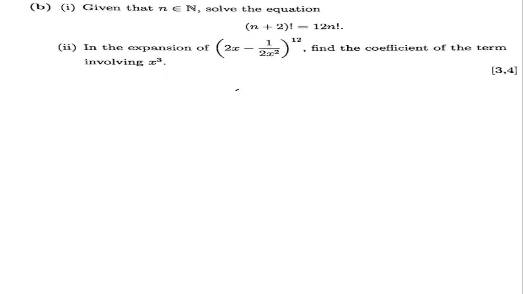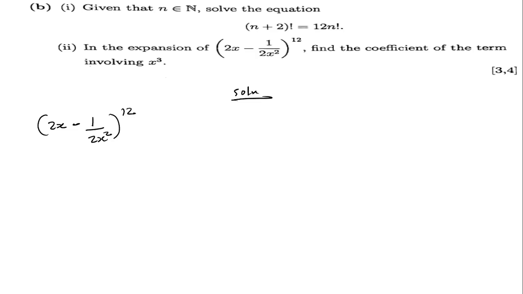So 2 is also an easy question. Most of the concepts I'll give them when I have a lecture class with you concerning this same topic. So for this one, you have (2x - 1/2x²)^12.